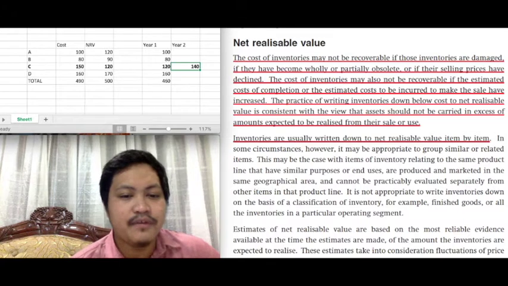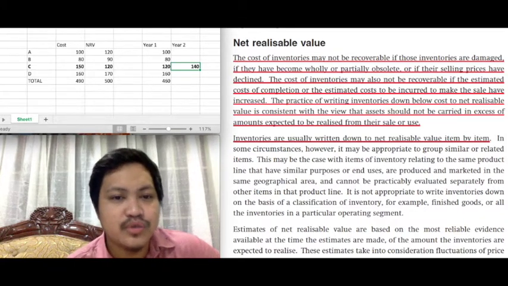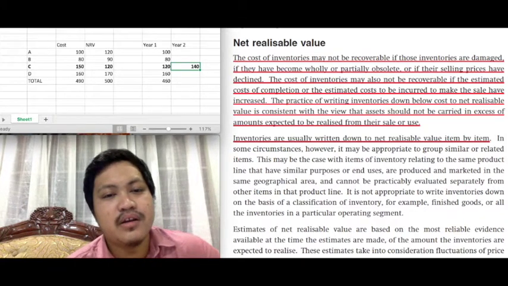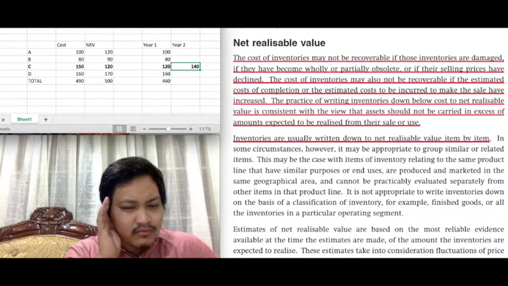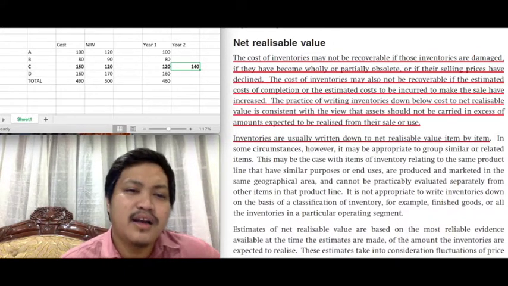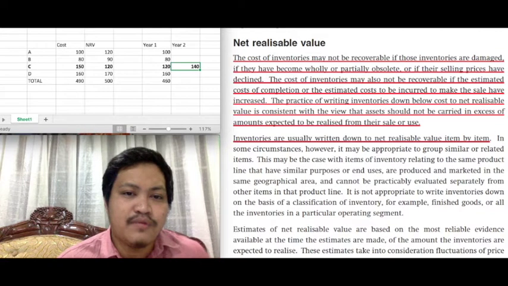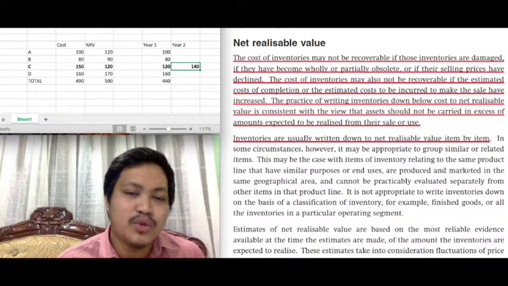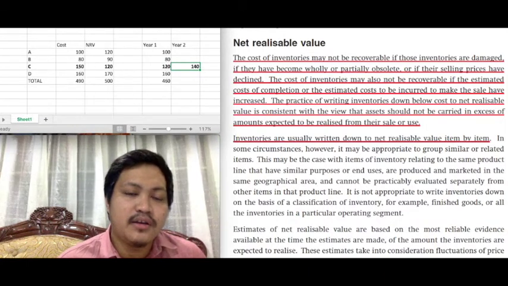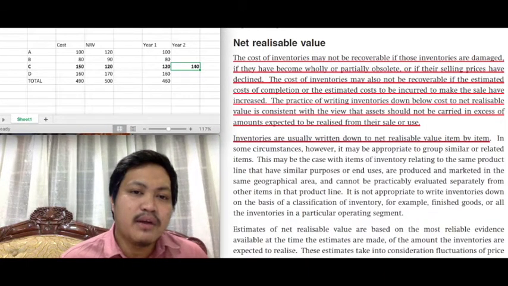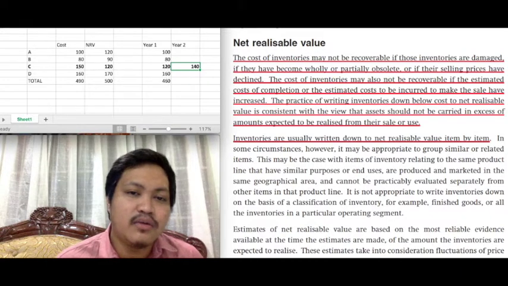And between 150 and 140, which one will we choose? We will be choosing 140 because again, it is the lower amount. But based on our records class, it started at 150. We wrote it down to 120. So at present, before any adjustment for the second year, the carrying amount of product C in our records would be 120.